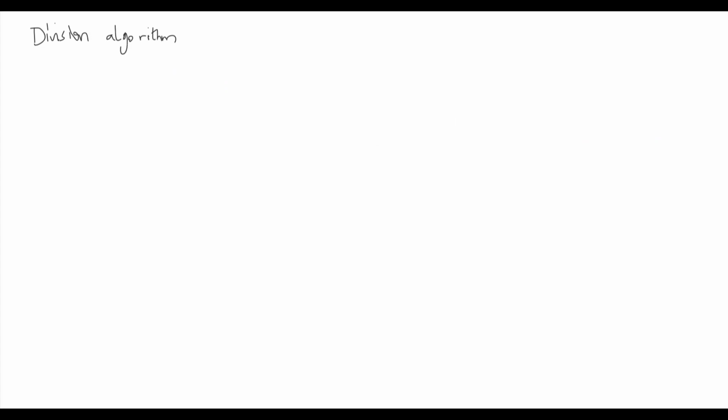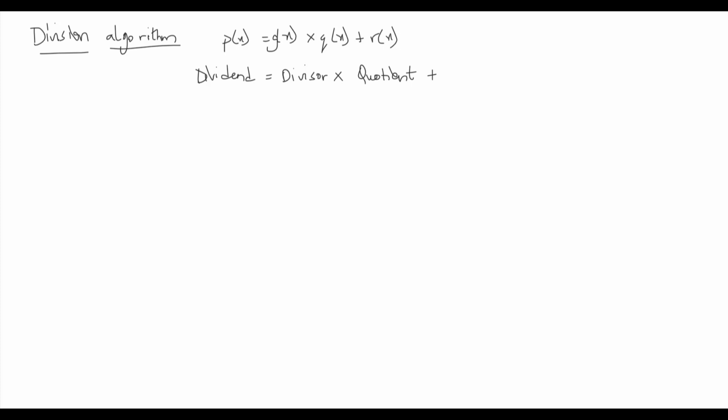What does the division algorithm say? It says p of x is equal to g of x into q of x plus r of x. It means dividend is equal to divisor into quotient plus remainder. This is what it says.